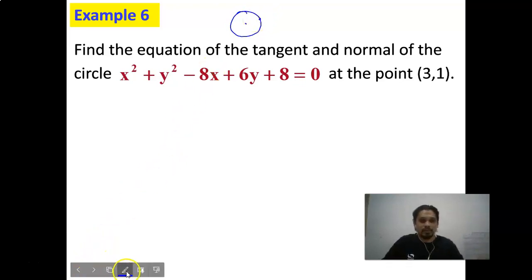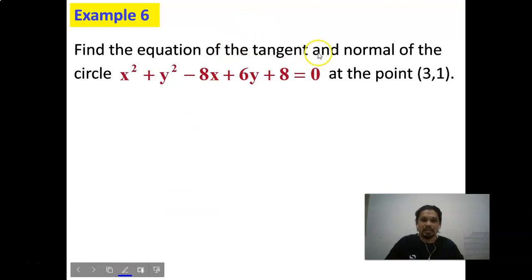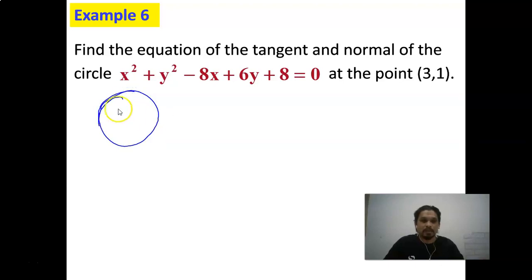The sketch is very small here. The circle has a center and the coordinate of this point.